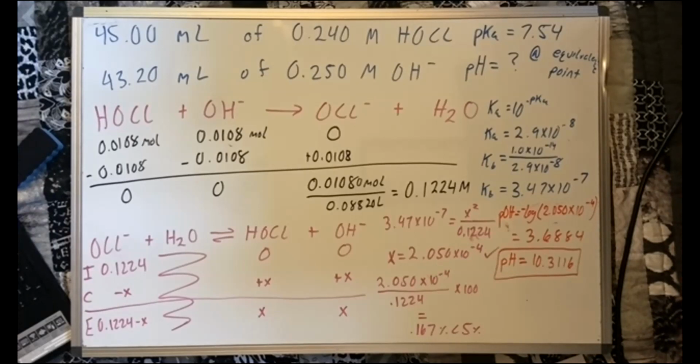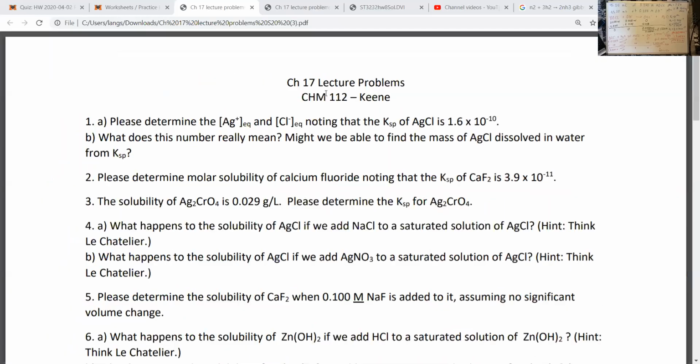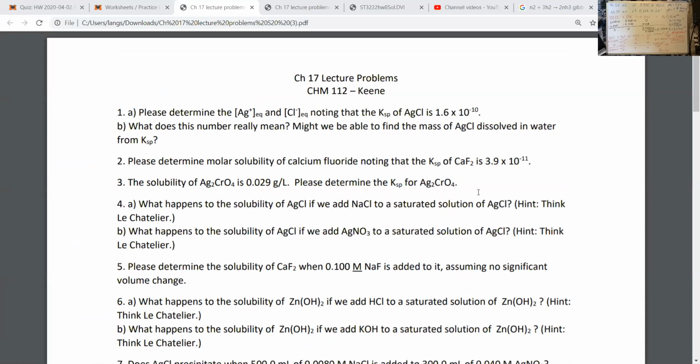For those of you who don't have the worksheet, sorry, here. Is that the one without the answers on it? Yep, okay.